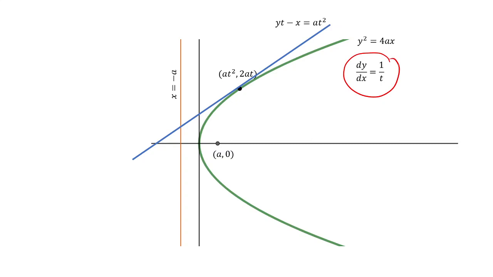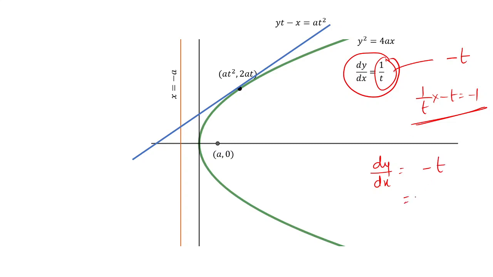So in terms of that parameter, the slope of the tangent is 1/t. And if I need a perpendicular tangent, I need that tangent to have a slope of -t, because 1/t times -t will be -1, which is the condition for two lines to be perpendicular. So then you can write that the dy/dx of the perpendicular tangent is -t. But using this form, I can say this is 1/(-1/t), right?